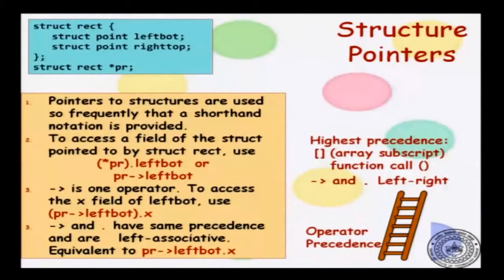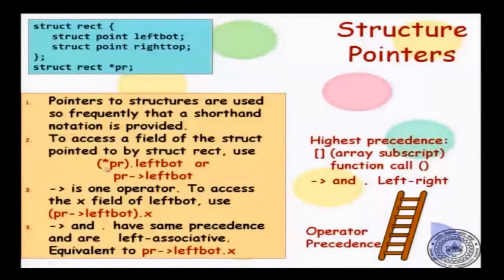There is one syntactic convenience that C provides you, because addressing structures is a fairly common occurrence, and because in this case by associativity you cannot omit the parentheses. You cannot say star PR dot left bottom without parentheses, because it means PR dot left bottom and star of that. So, that is not what you want. You want to say take the structure in the location star PR and take its left bot.